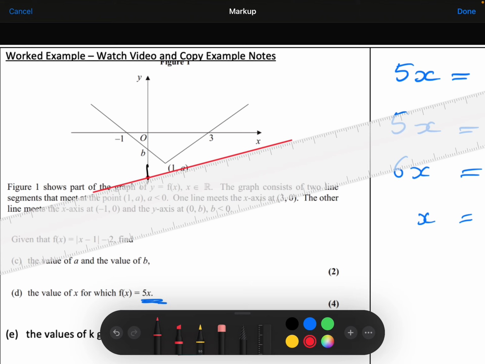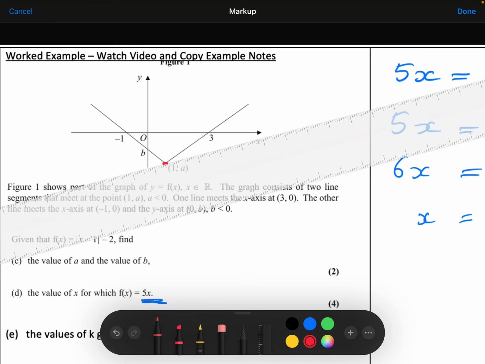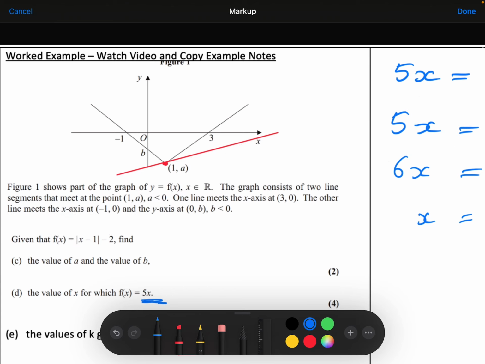A y-intercept of k, gradient of a half, and there'd be no solutions. The key thing for me to think about when solving this question is the vertex of this graph. What's the value of k when the line goes through the vertex here?